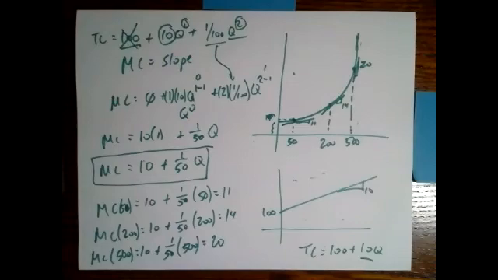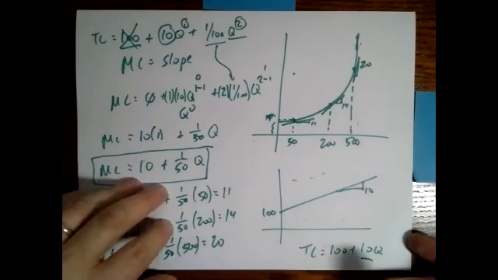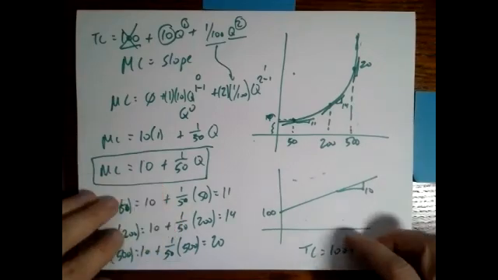So the cost of doing one more at 50 is going to be 11. The cost of doing one more at 200, so going from 50 to 51, going from 200 to 201, is going to be roughly 11, roughly 14, roughly 20. Okay. So that should give you enough baseline.